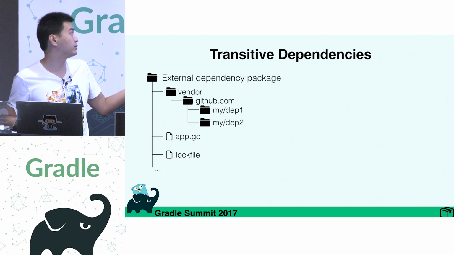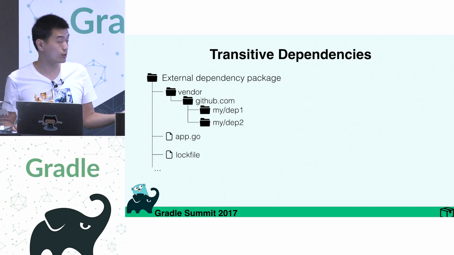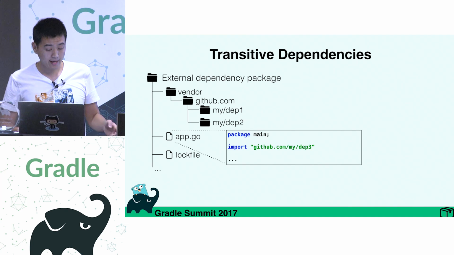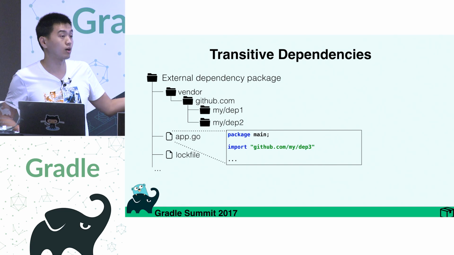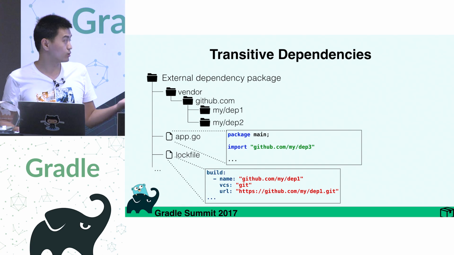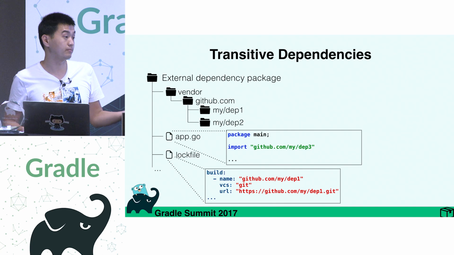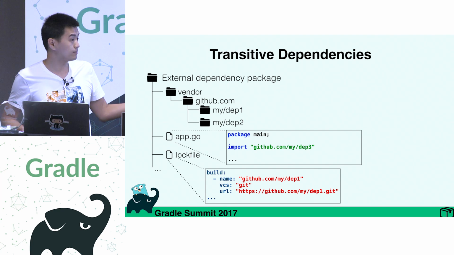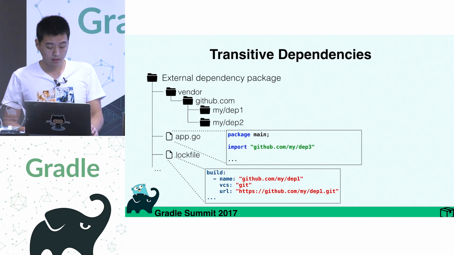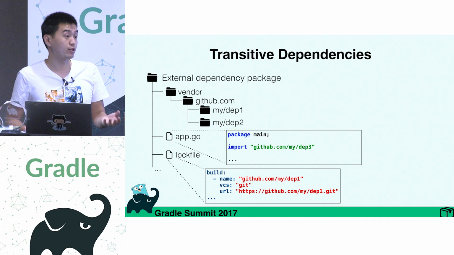Suppose we depend on an external package, and it has dependency packages in its vendor directory, and it may have imports in its source code, and lock files may have the transitive dependency. Remember that, as we previously mentioned, the different tools have different lock files, right? So Gogradle supports 8 mainstream package management tools.